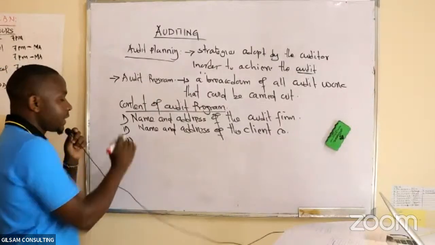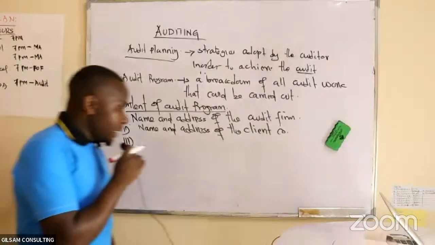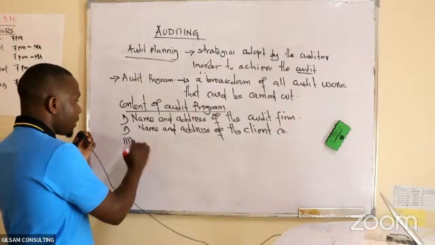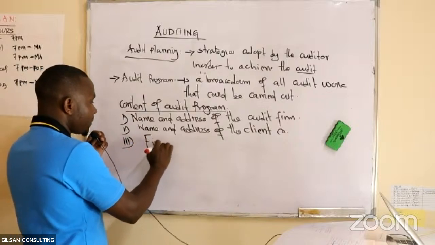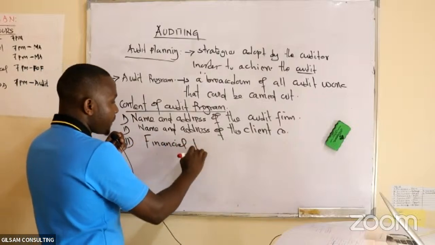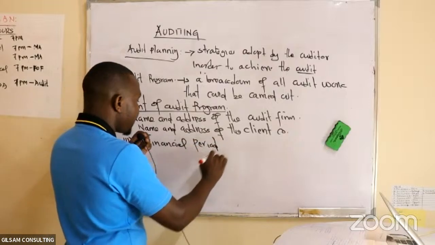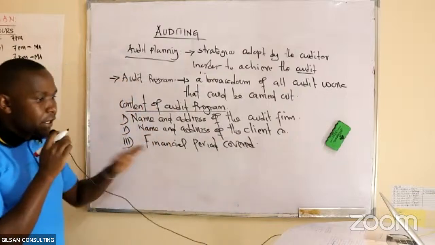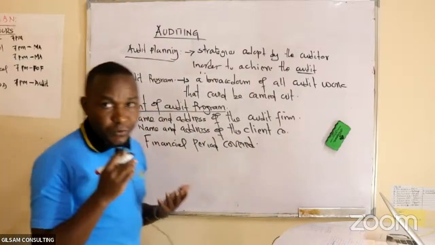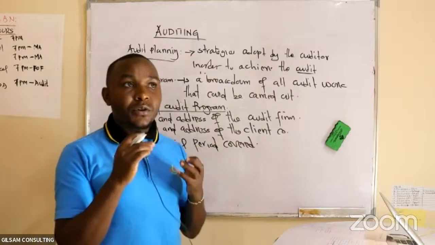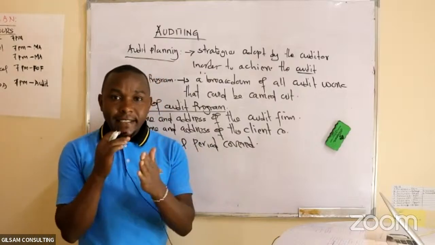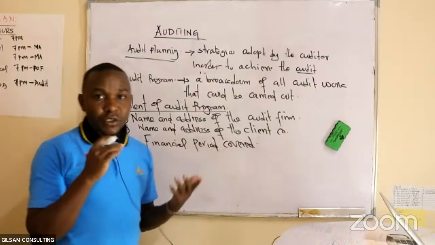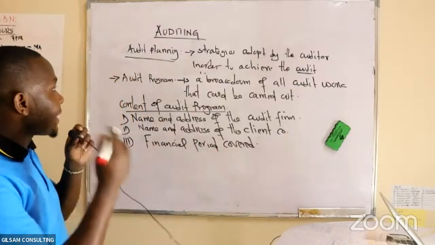The third content of audit program is the financial period covered. I know you have done what is called assertion. Which assertion do we use as auditors to ascertain the financial period of the company? Or we don't even know what an assertion is.